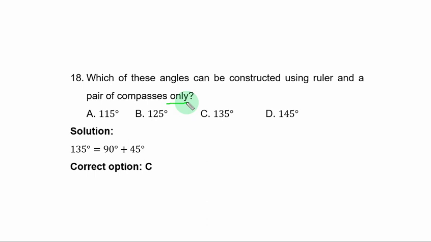So if you check all the angles, you look for the one that you get by adding any two of the basic angles, 30, 60, 45, 90. That should be 90 plus 45, all in degrees, and that gives 135 degrees. C is the correct option.